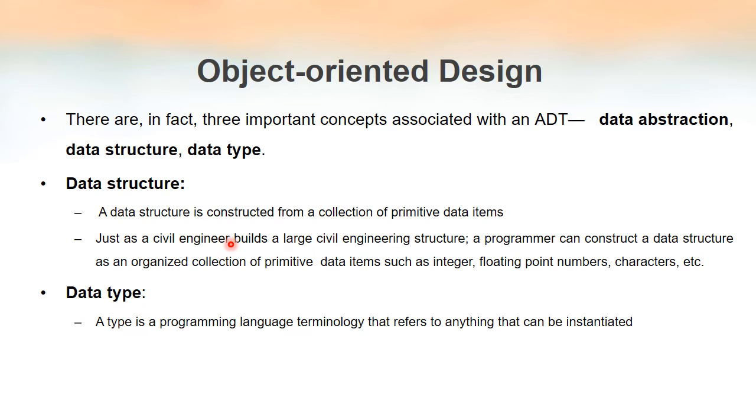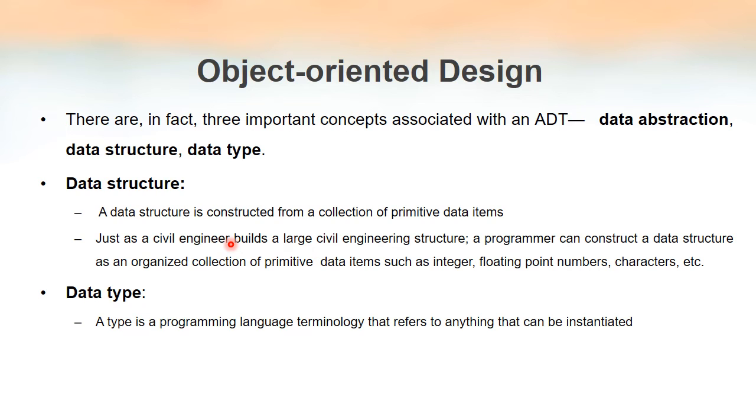The same way, a programmer can construct a new data structure by using already existing data items such as integers, floating point numbers, characters, etc. So that is the second concept with respect to abstract data type, that is data structure.